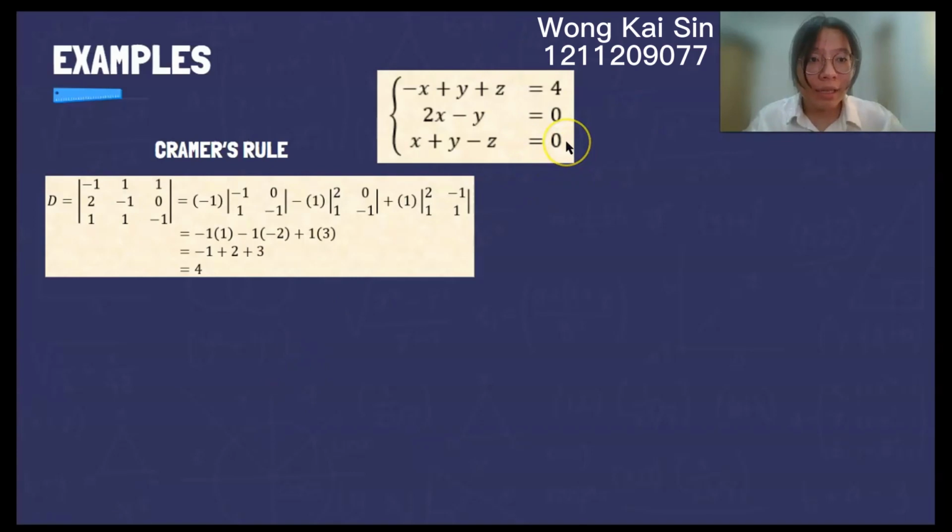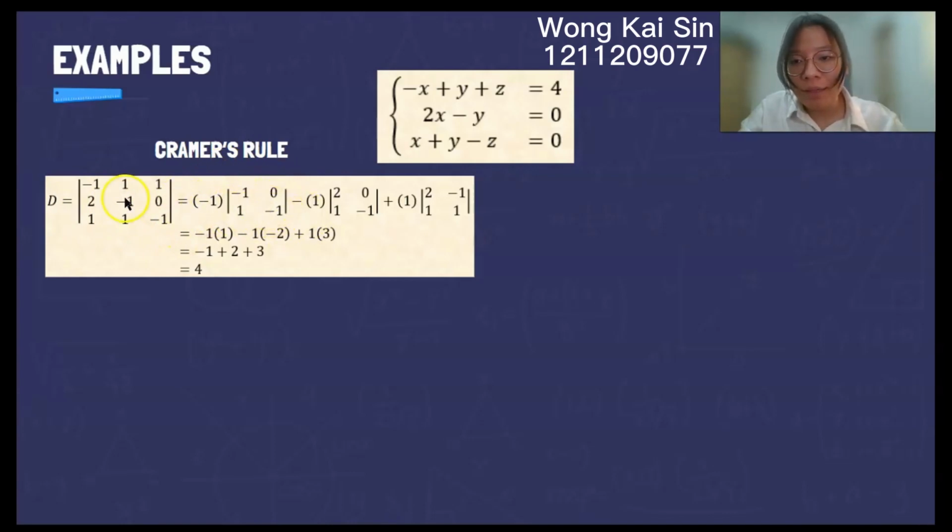How to do it is to form a matrix first, and then we form a 2 times 2 matrix. We use the first one and cover its row and column. After that, what is not covered will be the 2 times 2 matrix.